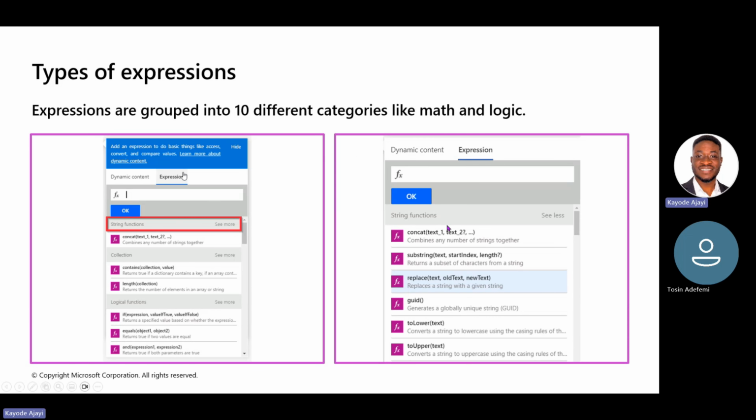And here we can see examples of string functions. So you can use concat, which combines strings together. In PowerFX, this is called concatenate. So the name of the function in PowerFX is concatenate, but within expressions here it is concat, right? So those are just some of the nuances you need to be aware of.